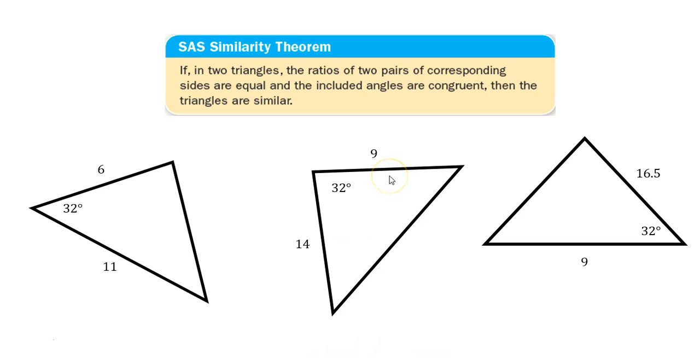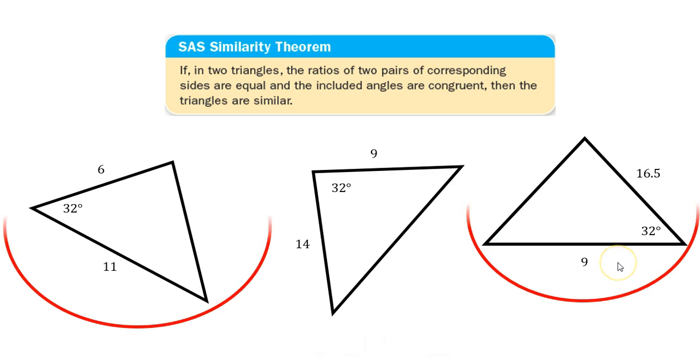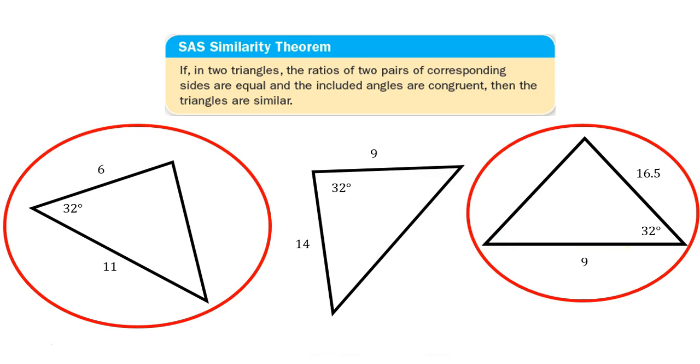But let's think about what I just said. 6 times 1.5 is 9. So there's a 9 right there. 11 times 1.5 is 16.5. There it is right there. So the ratio of similitude, or the magnitude of the transformation, or the scale factor between this first triangle and the last triangle is 1.5.